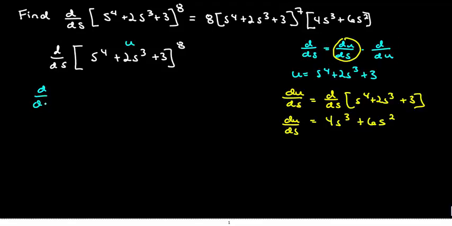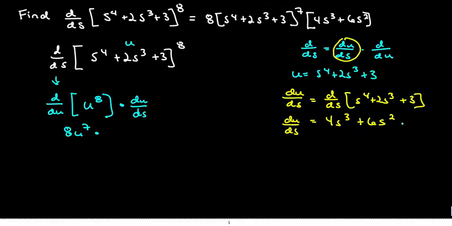So we'll replace it with d/du of, now remember we said this here is u, so I'll say this is u to the eighth, because u is equal to this, and then we're going to multiply that by du/ds. So d/du is 8u to the 7th, and du/ds is this right here. Let's write that a little bit better.